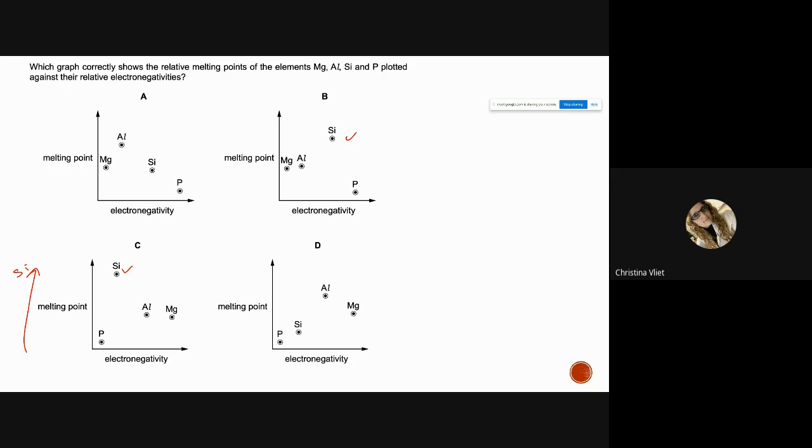So comparing the elements, you could just compare magnesium, aluminum, silicon, phosphorus, right? Electronegativity, what would be the order? Would phosphorus be the lowest electronegativity and magnesium be the highest? No. Or would magnesium be the lowest and phosphorus be the highest? Magnesium lowest, phosphorus highest, because it goes higher this way.